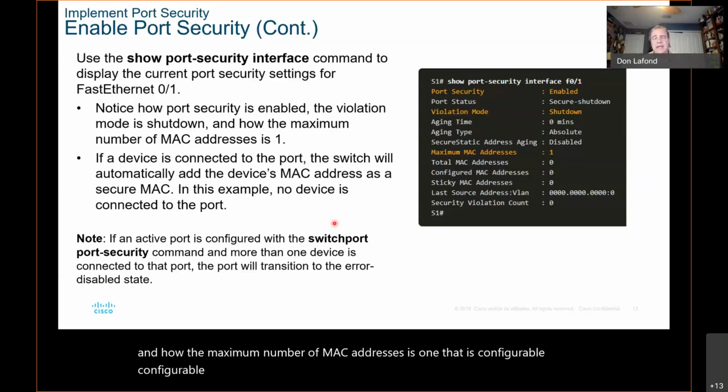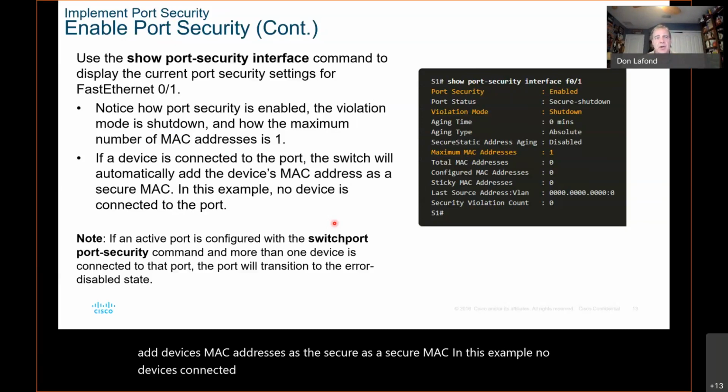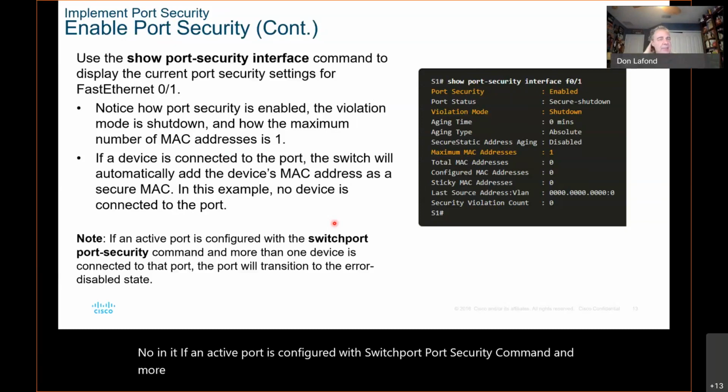If a device is connected to a port, the switch will automatically add the device's MAC address as a secure MAC. In this example, no device is connected to the port. Note, if an active port is configured with the switchport port-security command and more than one device is connected to that port, the port will transition to the error-disabled state. I'll cover that in just a moment.